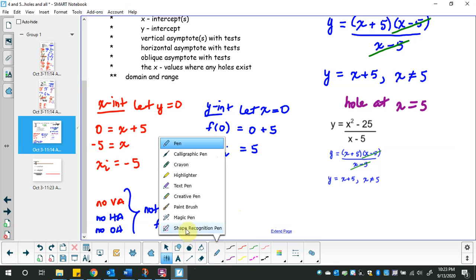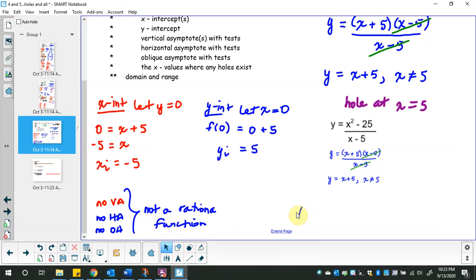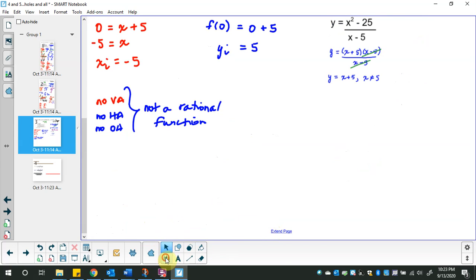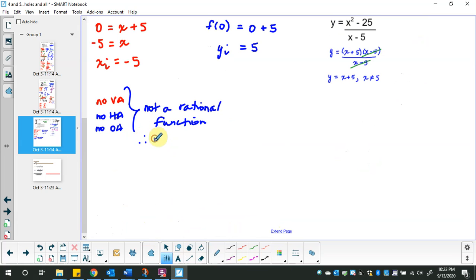So, here's the highlight of the night. If you don't have asymptotes, you don't have tests.